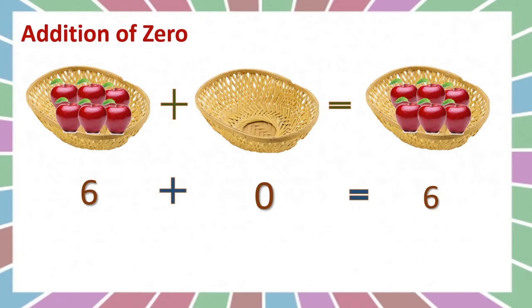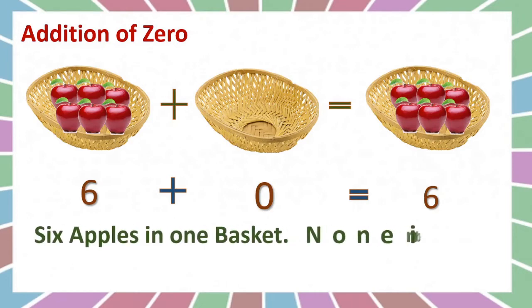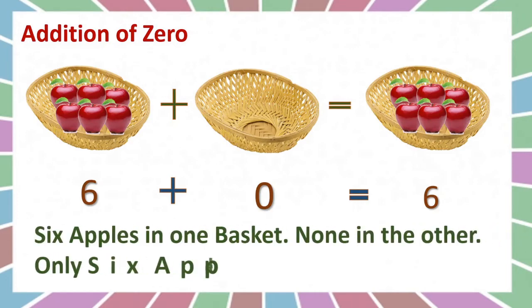Same thing we will write in sentence: 6 apples in one basket, none in the other, so only 6 apples in all. Am I right? Yes. We will go through some more examples to make the concept clear.